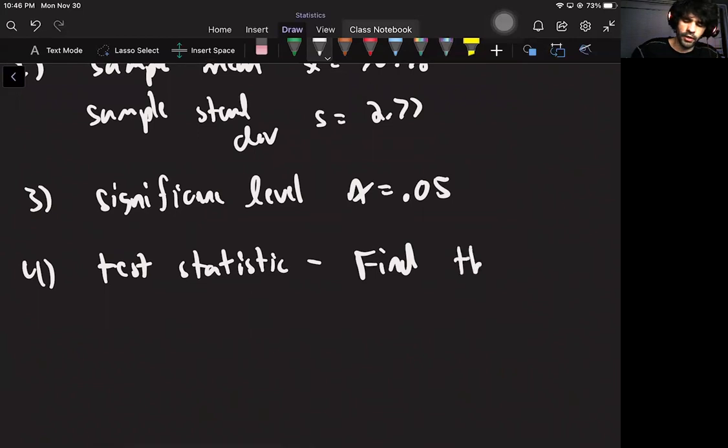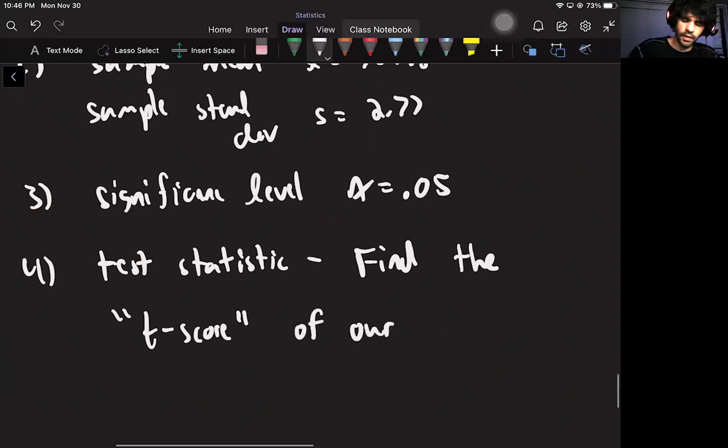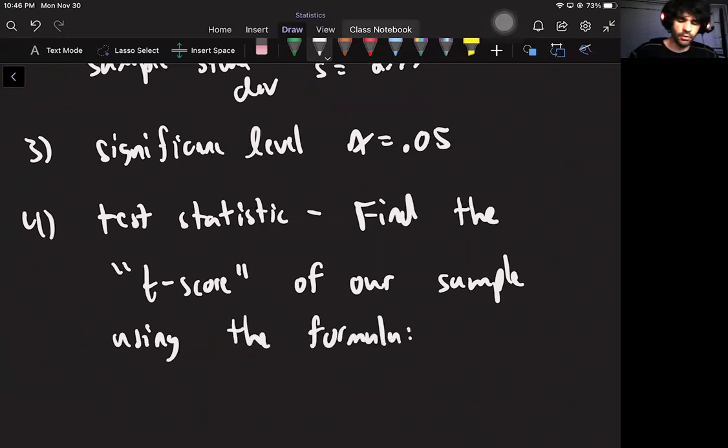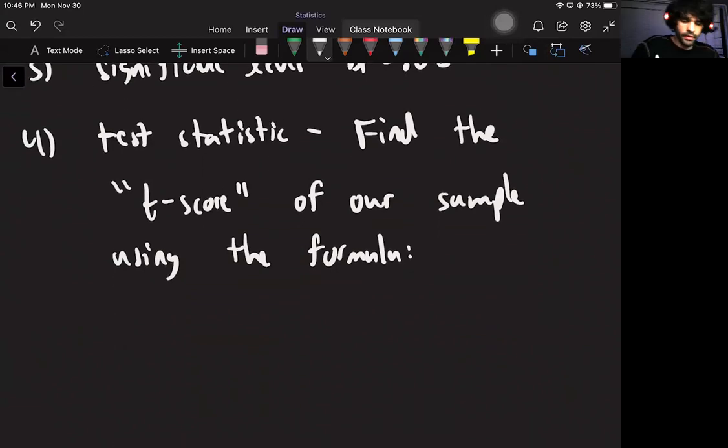So now we're going to find the t-score instead of the z-score like we would in the other types of problem, the proportion problems, of our sample using a formula. It's going to just be a sort of magic formula. Well, it's not that magic. It looks very much like the z-score formula. So instead of calling it z0 like we did for proportions, we're calling this t0.